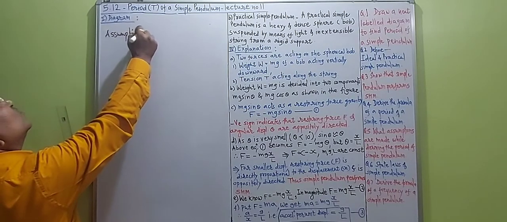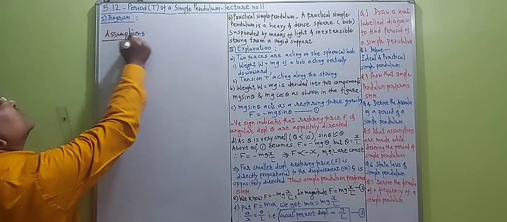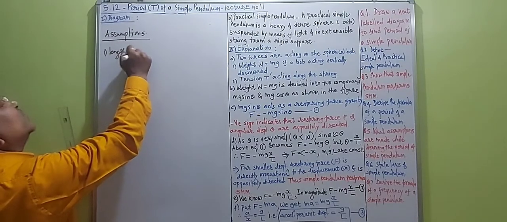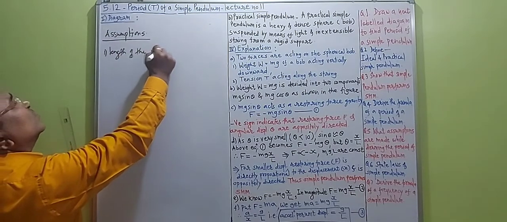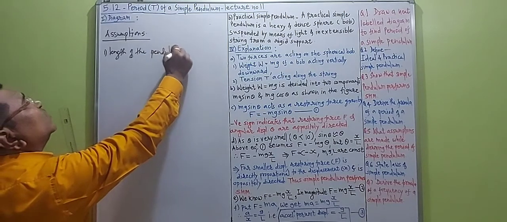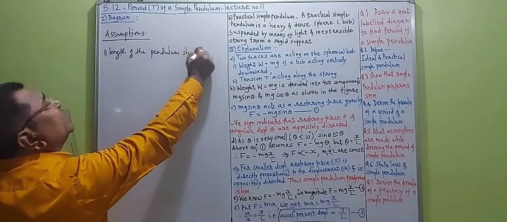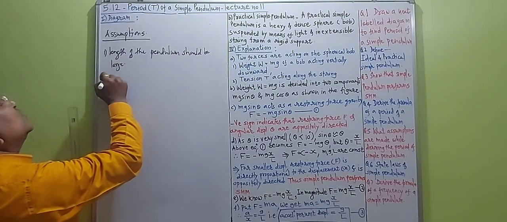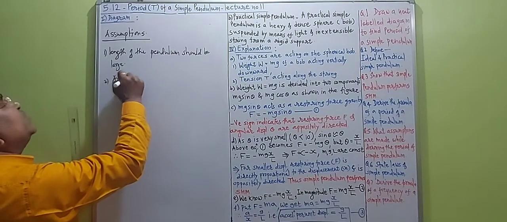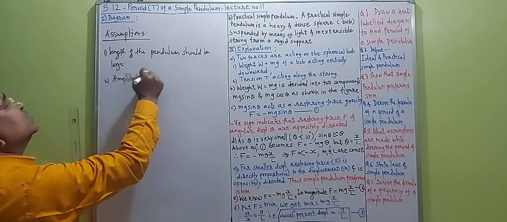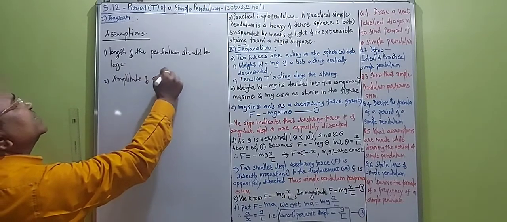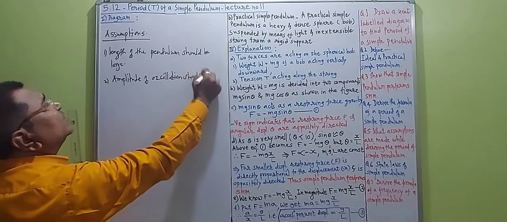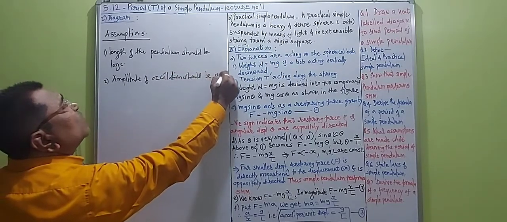We assume following things. Number 1, length of the pendulum should be large. Number 2, amplitude of oscillation should be small.